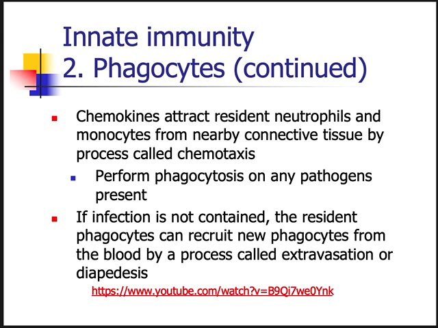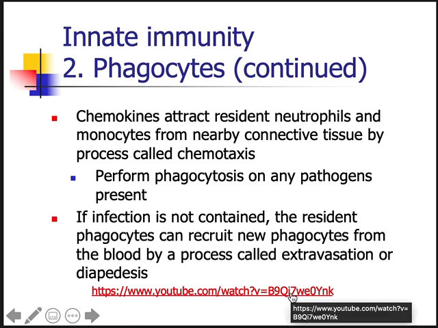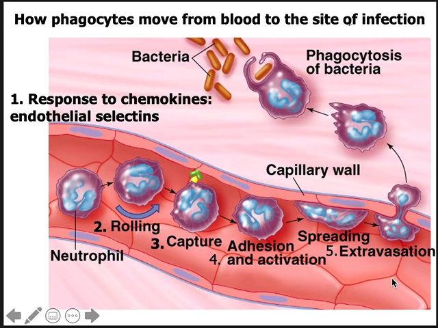Okay. Another word that's used for this process is diapedesis. Please watch this video. It's very short and it goes over the steps. It's really good. Okay, so I'll go over it with a picture, but please watch the video.